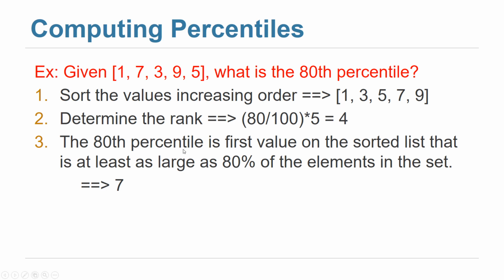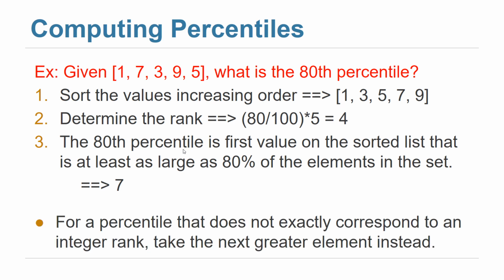Okay, so we sorted the values first in increasing order. We determine the rank by the percentage, and we look at the value at that rank, which will be at least as large as 80%, or whatever percent we want, of the values in the array.